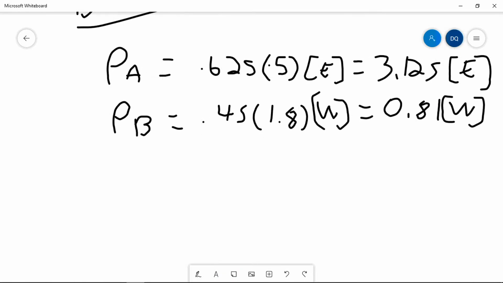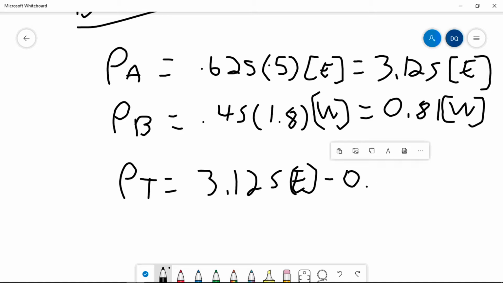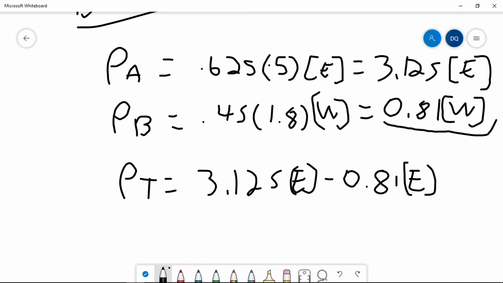Now, I'm going to actually subtract because one of these is going east and the other is going west. So our total momentum is 3.125 east minus 0.81 east. Remember, a positive 0.81 west is a negative 0.81 east.